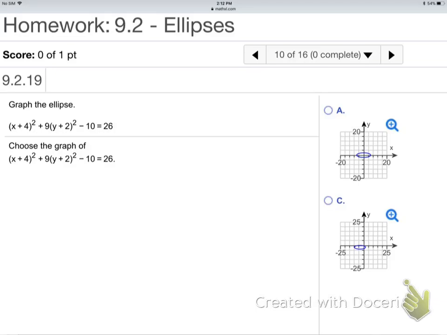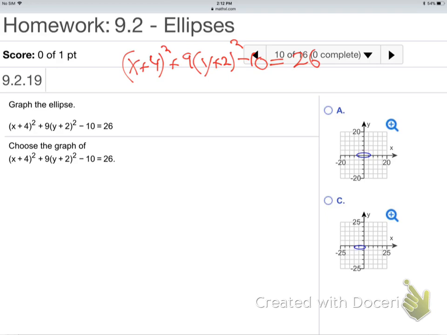So number 10. Okay, yeah, you got to do some stuff to that equation, don't you? So it's x plus 4 squared plus 9y plus 2 squared minus 10 equals 26. You got to add that 10. Good. Add that 10 over, and then you got to make that right side 1.